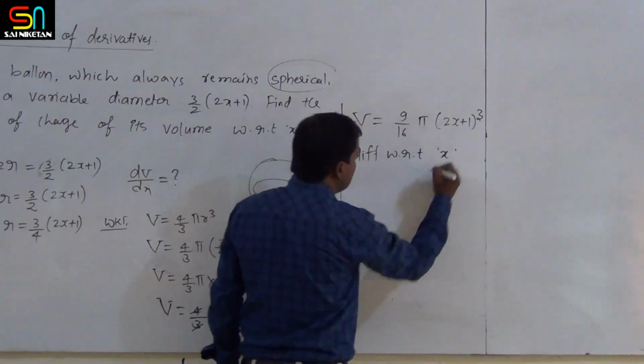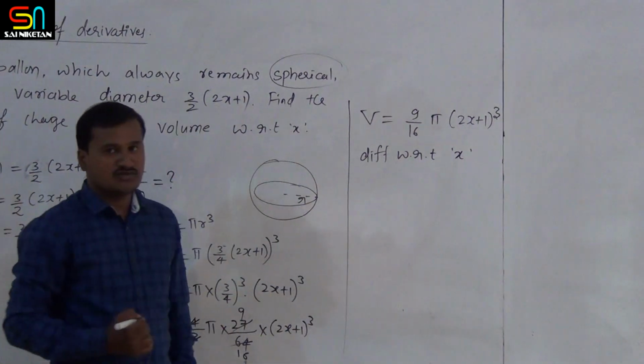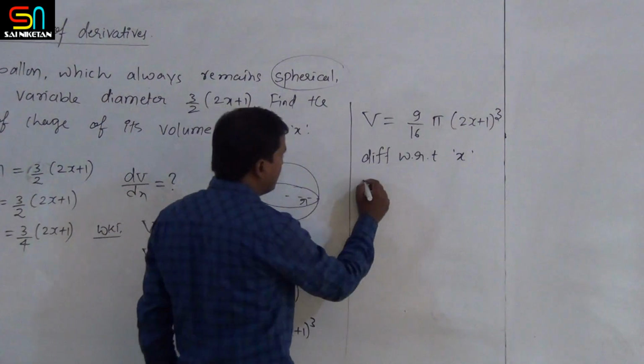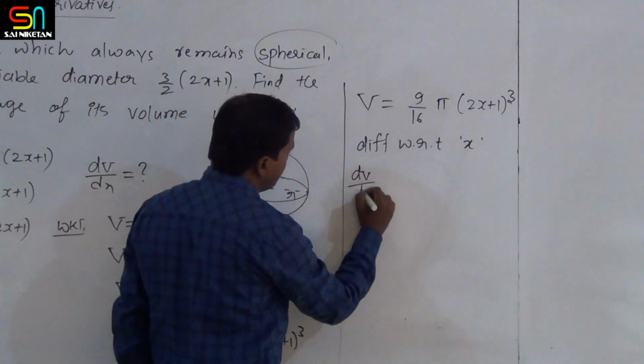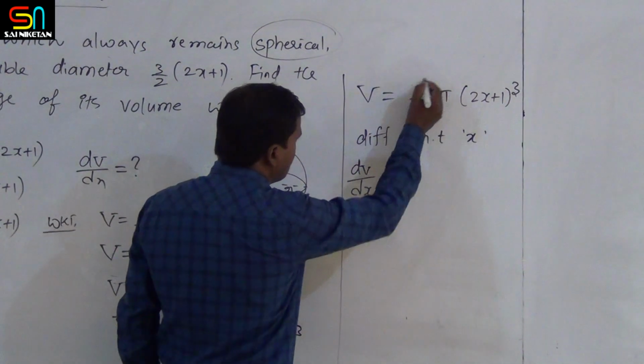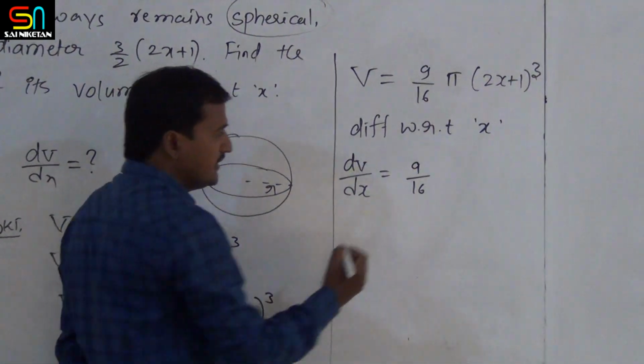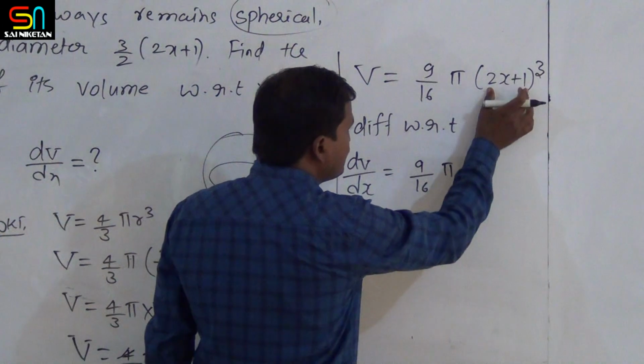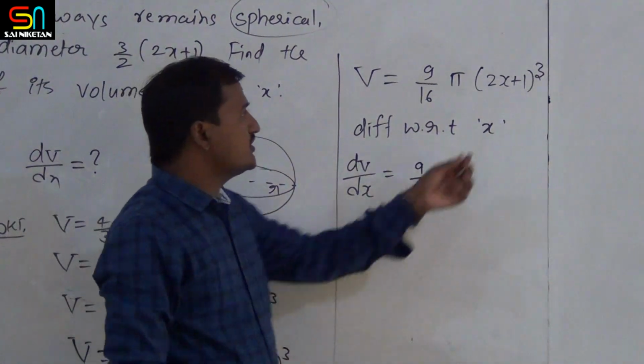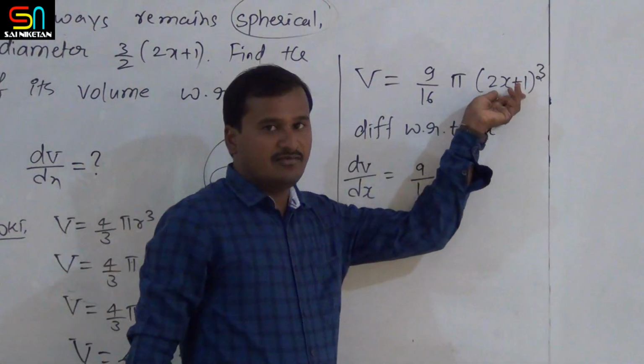So you are writing dV by dx is equal to, this term is a constant, 9 divided by 16 pi into the derivative of 2x plus 1 whole cube. So just imagine this is the value of x.